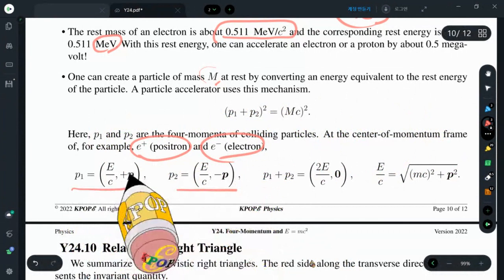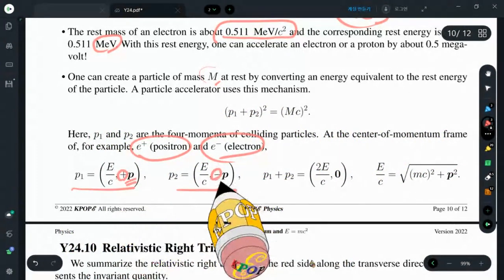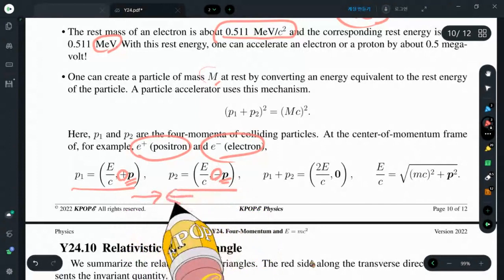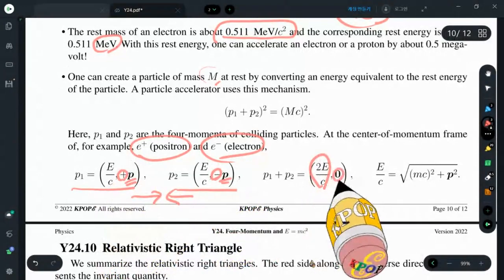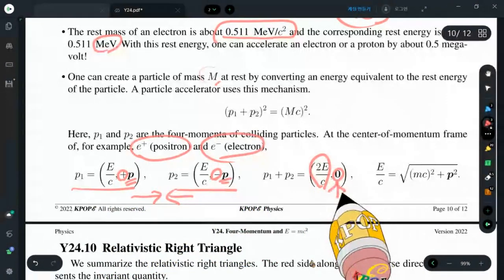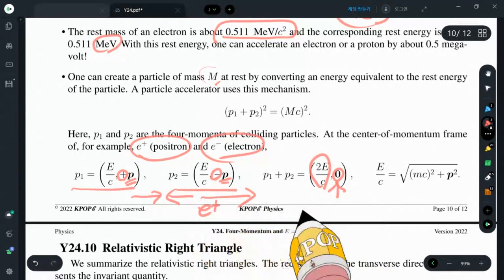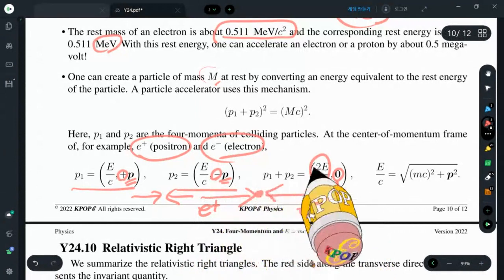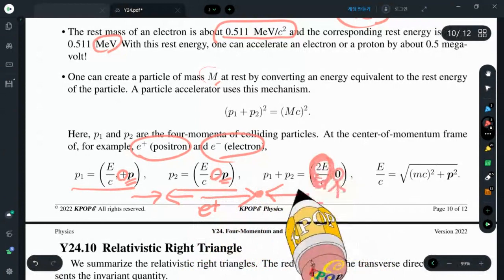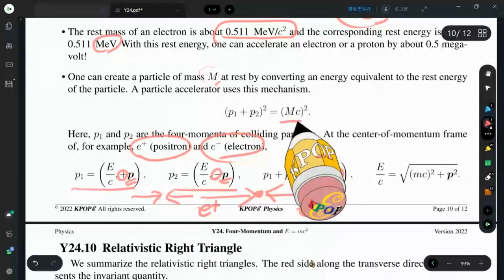We can make a head-on collision, plus and minus, in opposite directions. Then the sum is energy, and the spatial component of momentum disappears. When the electron and positron collide in the center of mass frame, this energy can create a particle at rest.